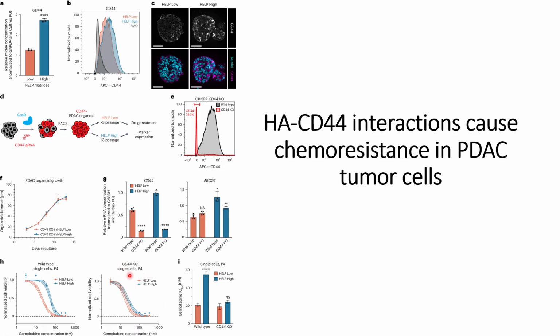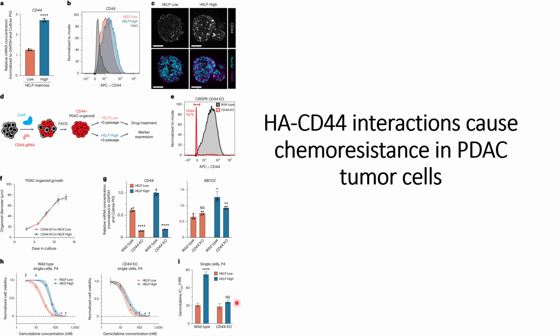But when they did the same experiment on the CD44 knockdown single cells, they found that there is no statistically significant difference between the high HA matrices and low HA matrices in terms of normalized cell viability.